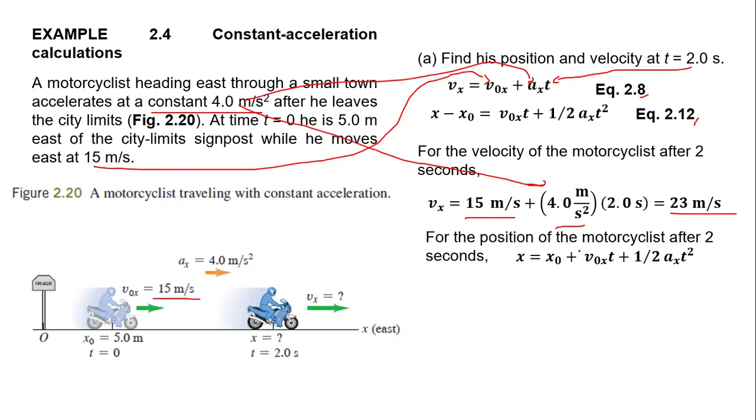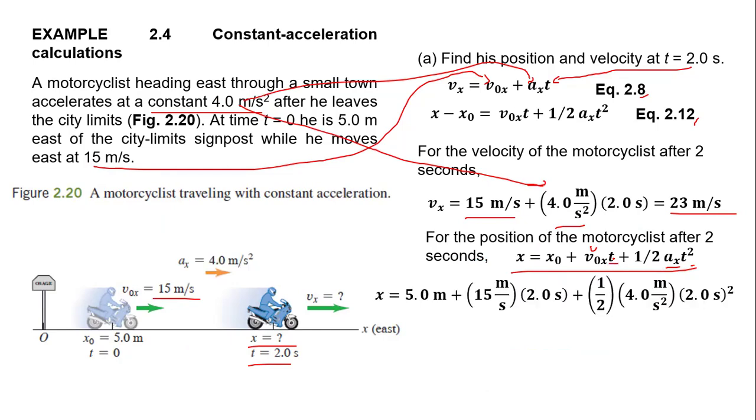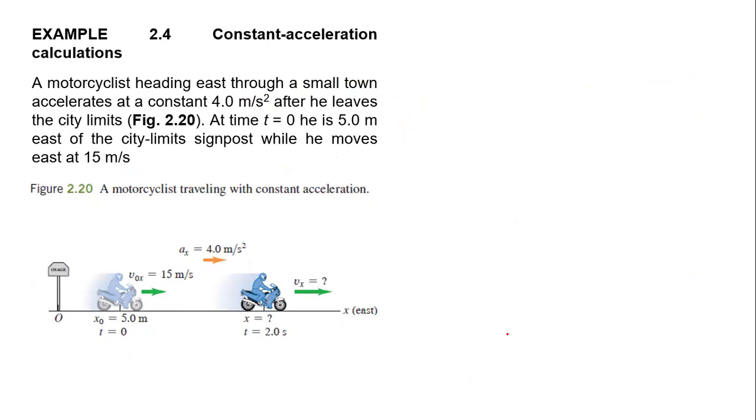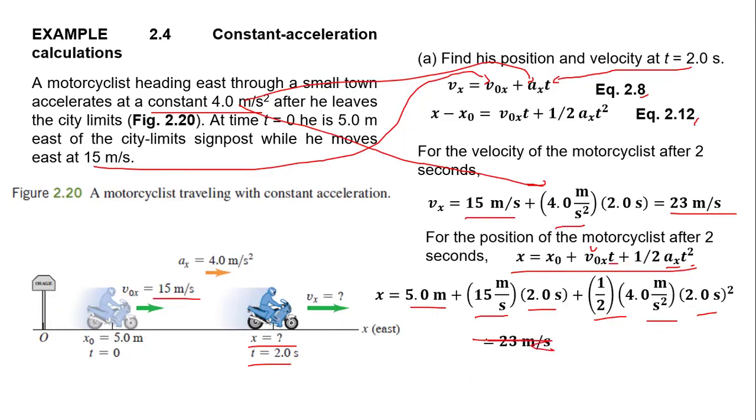For the position of the motorcyclist after 2 seconds, you use this equation here. You have the initial position 5.0, the initial velocity 15 meters per second, and the acceleration and time. So you have 5.0, the initial position, plus initial velocity times time, plus 1/2 acceleration times time squared. This is not actually 23 meters.